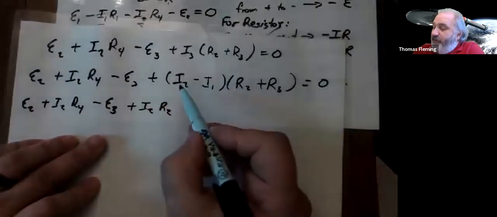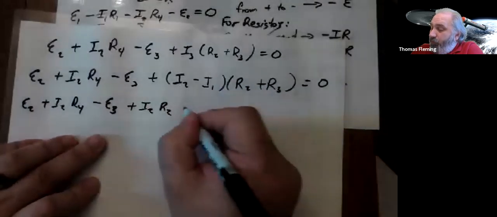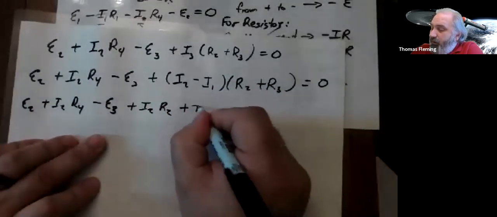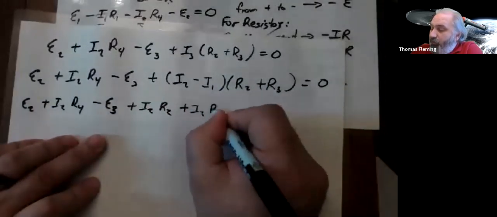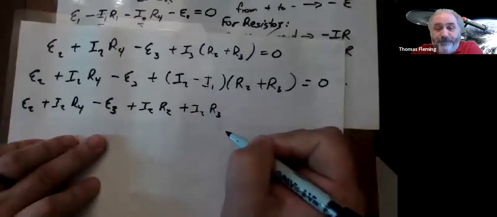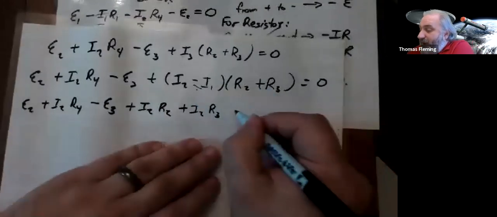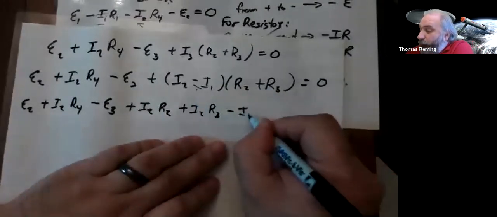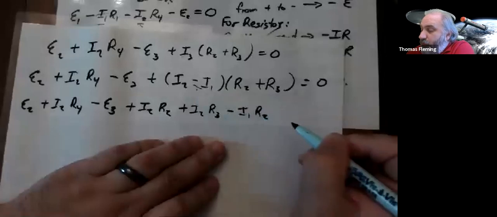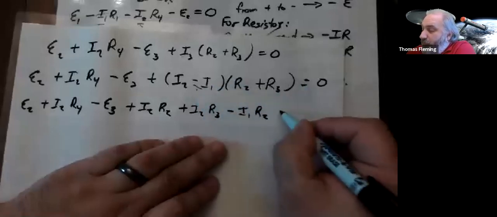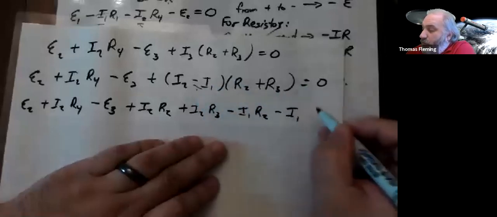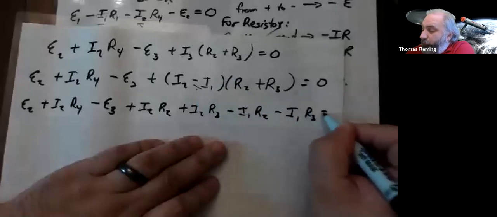Then it's going to be this times this. So plus I2 times R3, right? Then it's going to be this times this. So minus I1 times R2. Then this times this. So minus I1 times R3.